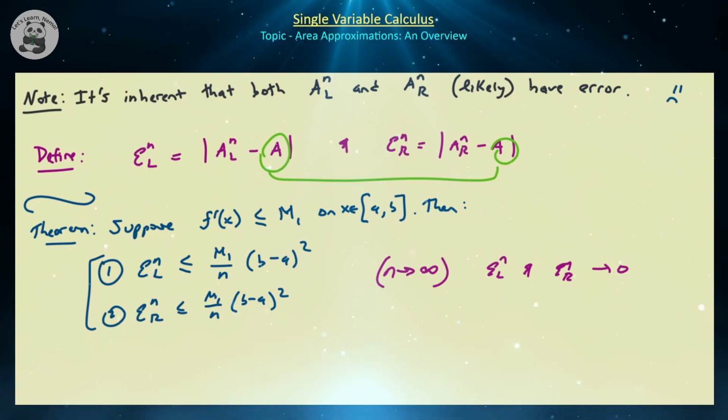But if the length of the interval we're trying to approximate the integral over is large, it still is going to go to 0, but not as fast.